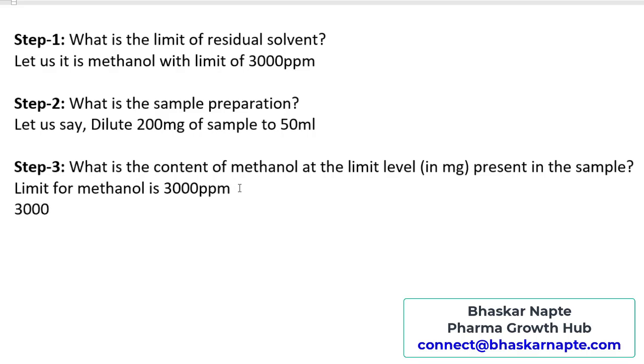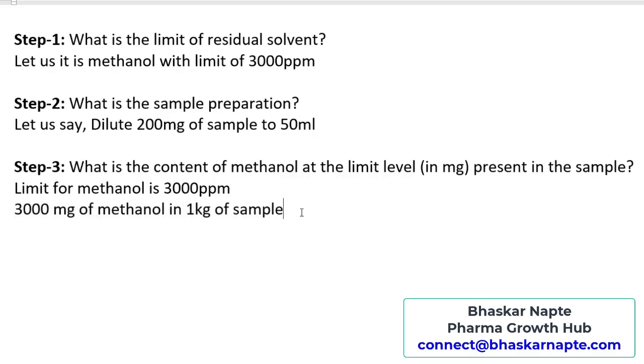3000 milligram of methanol in 1 kg of sample. Is that the same? Because we know that 1 ppm is nothing but 1 milligram per kg. So 3000 ppm is going to be 3000 milligram present in 1 kg of the sample.